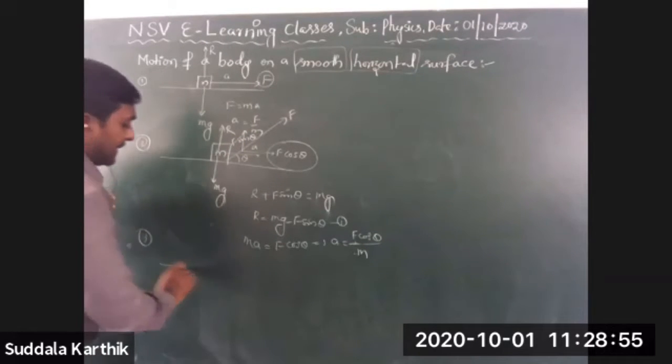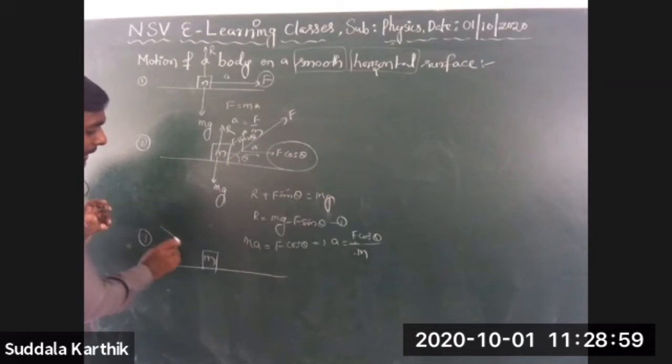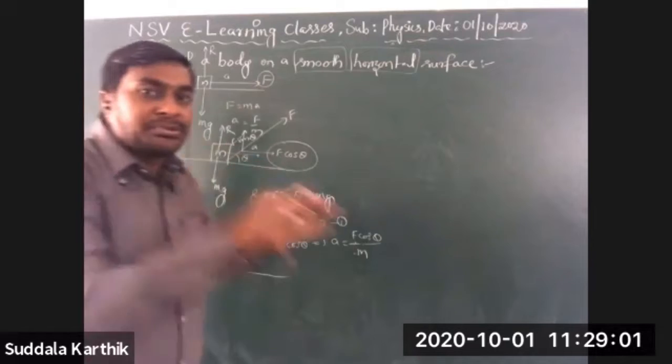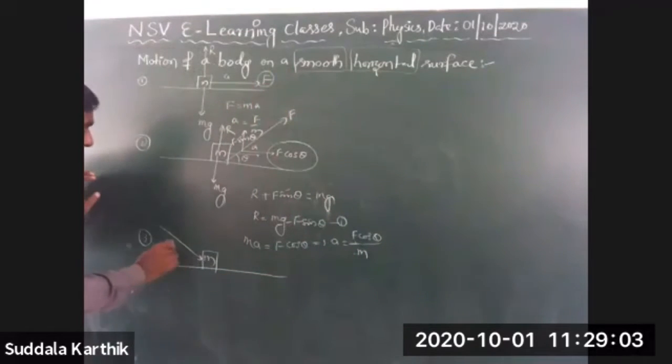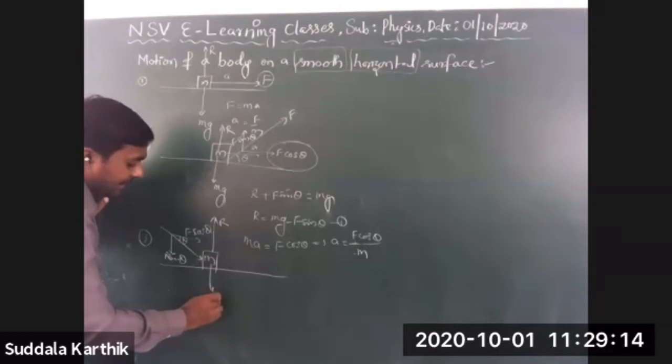Next, same body, but now instead of a pull, I am applying a push. It is subjected to a push, so there are two components because it makes an angle theta. This is F cos theta and this is F sin theta. R is in this direction and mg is in this direction.